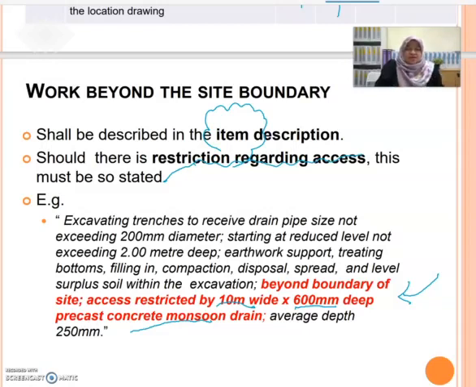This means that they need to get the necessary permission from local authorities, or enter into somebody's land, to avoid issues like trespassing or additional costs that might be incurred due to that.